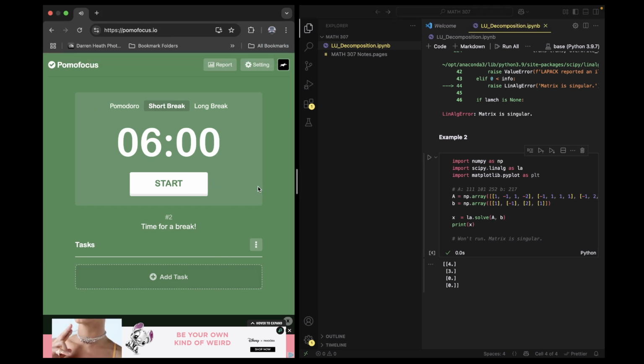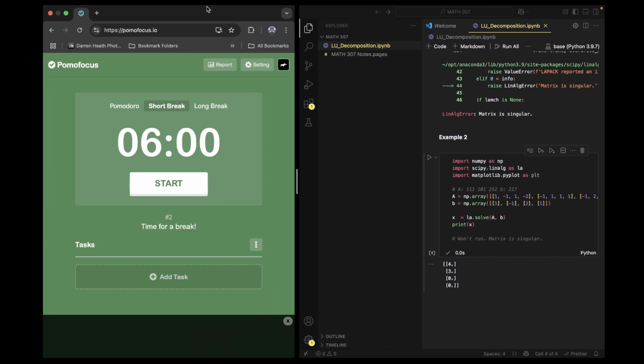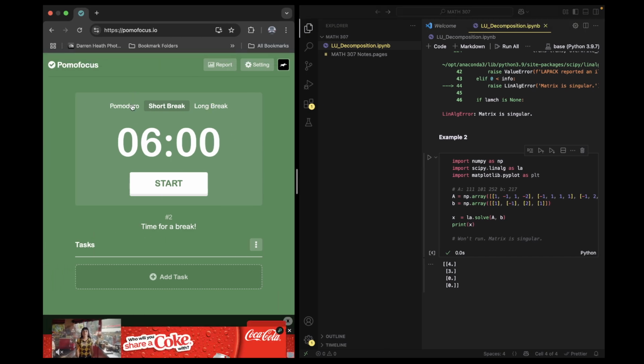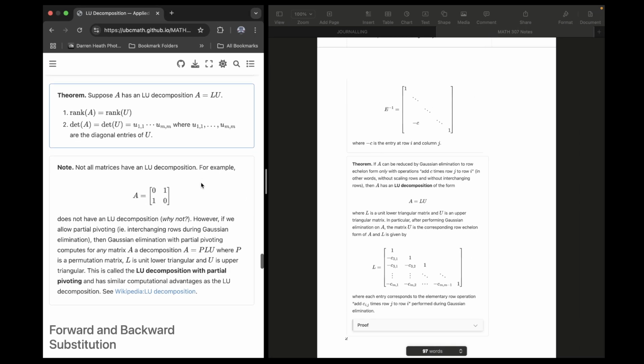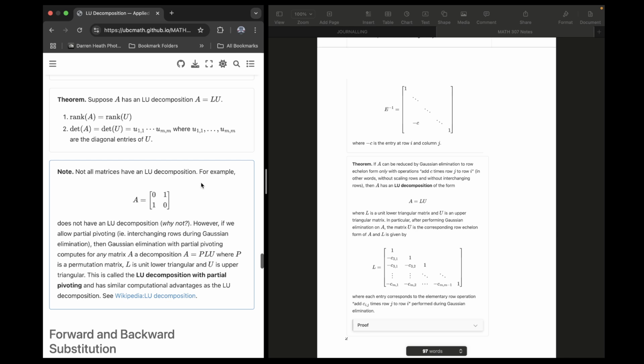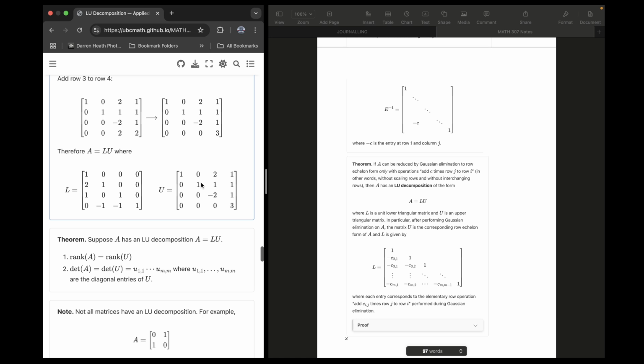All right, let's just keep going for a bit longer to get this example through.